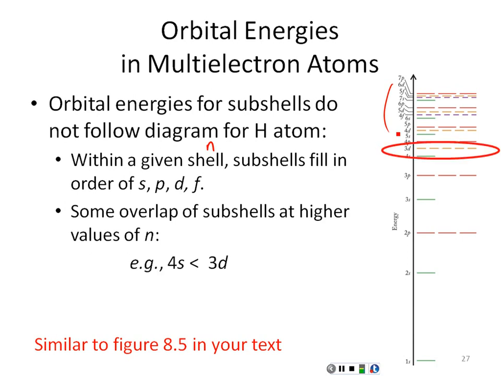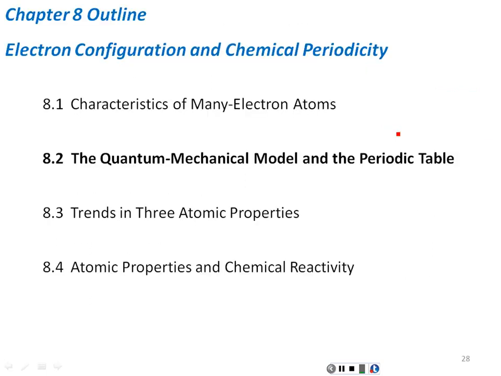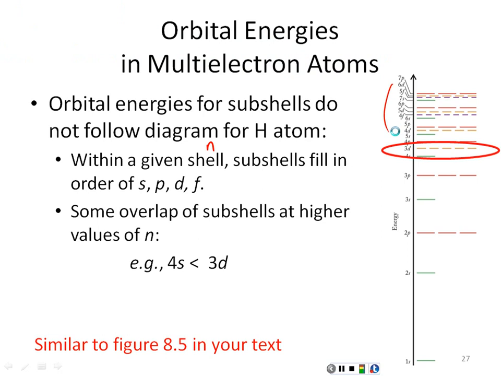The classic example is that the 4s orbital is actually lower energy and fills before the 3d orbitals. We'll talk a little bit later about how you know the order of these, how to fill the orbitals. And you can see at the very top, the energy levels get really close to one another, and there's really not a very good way to predict where an electron's going to fill next.